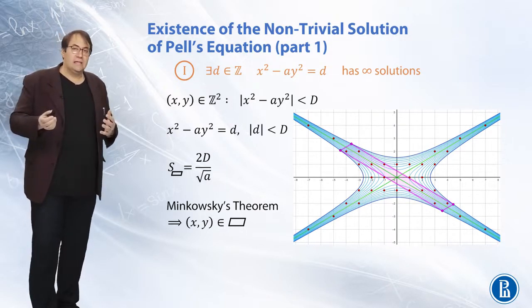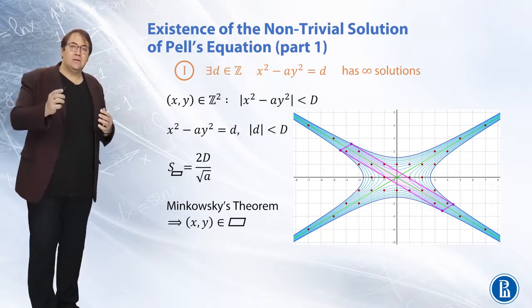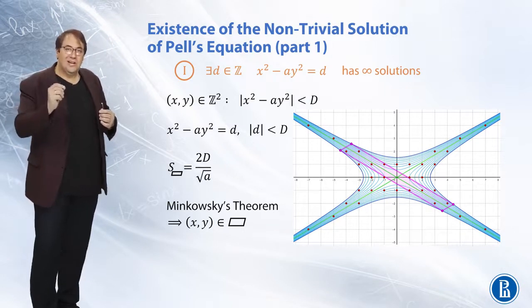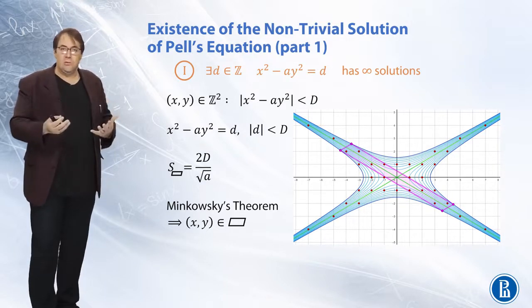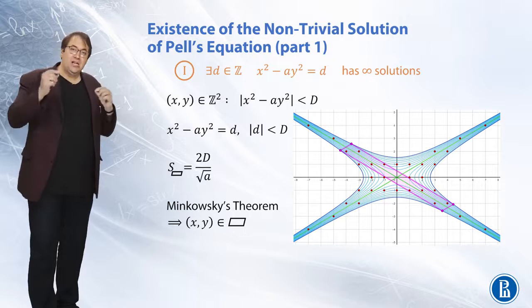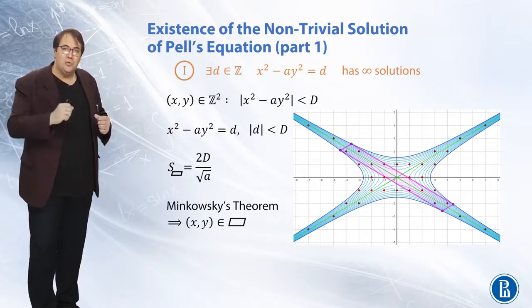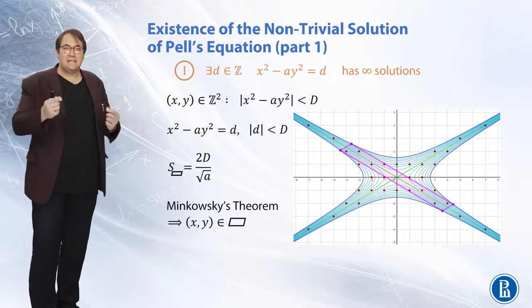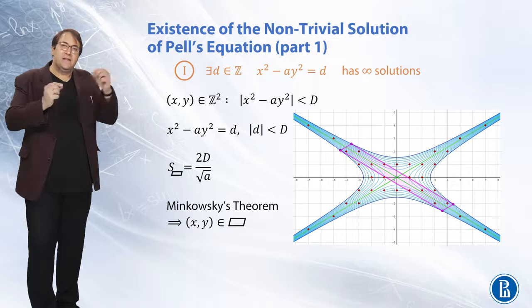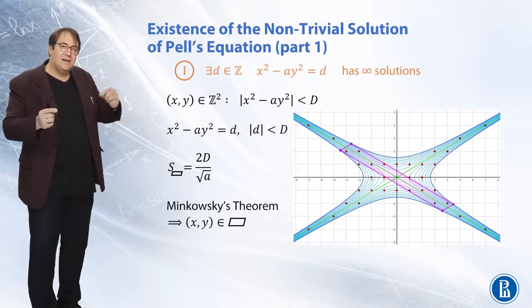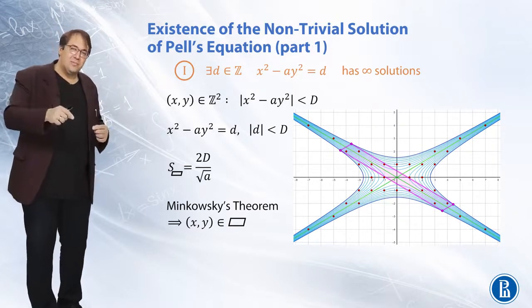From this it follows that the asymptotes contain no integer points except for the origin point (0, 0). Therefore, in each parallelogram we find integer points that do not lie on the asymptotes, and this provides the possibility to find a thinner parallelogram and find a new point in this thinner parallelogram, and so on.